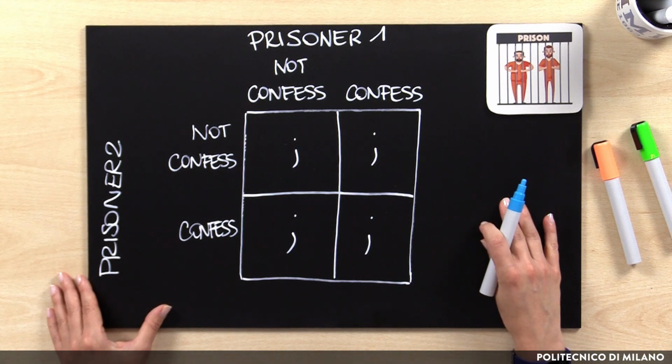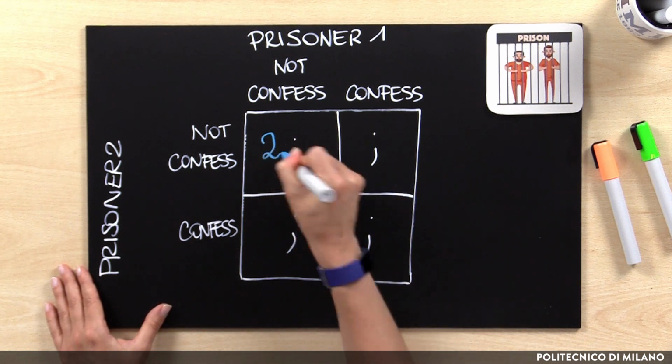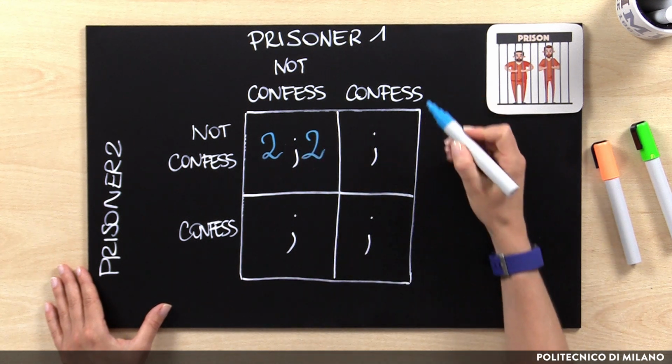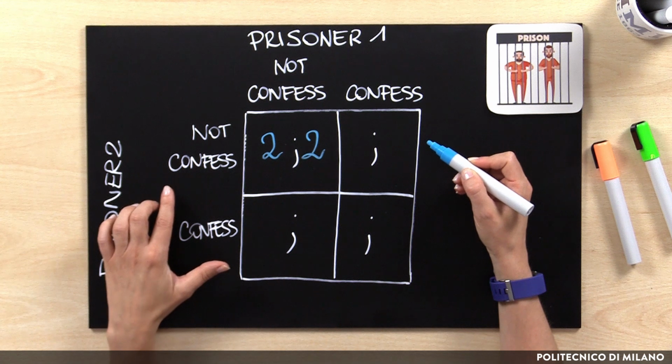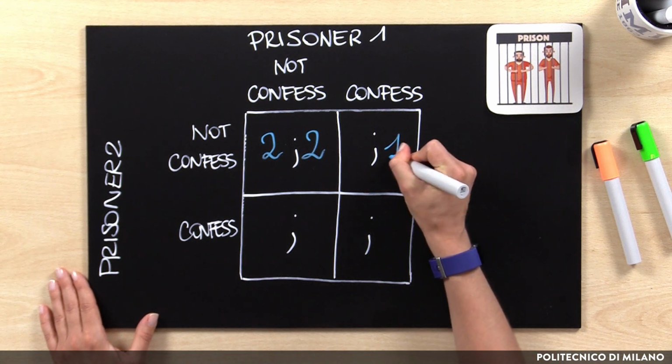If both the criminals do not confess, they are accused of the bank snatching, so 2 years, without any reduction of the penalties. If prisoner 1 is confessing but prisoner 2 not, prisoner 1 is just accused of the bank snatching and takes advantage of the halving of the penalty to 1 year.